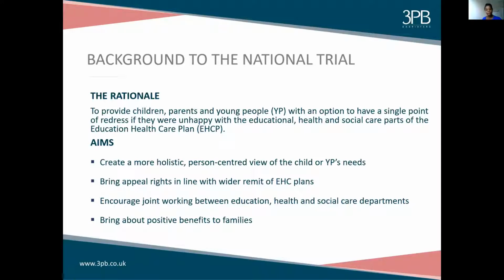As we see, the plan deals with all three issues, so why not the procedure through which to challenge its content? It was hoped that this would also encourage joint working between the different departments. And then, as a result of that, it was also hoped that all of this would bear positive results and more satisfactory results for families.